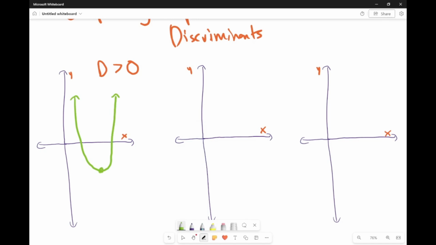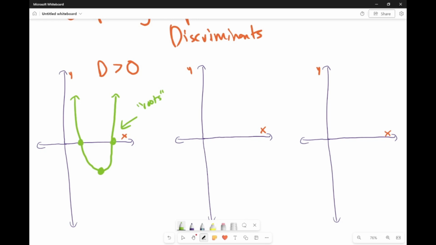We have here our vertex, of course, and notice that it crosses the x-axis not once, not 0 times, but twice. Once over here and once over here. These are our roots. These are the values our quadratic formula spits out to us. And that makes sense, because remember, when d is greater than 0, we can actually solve the quadratic formula, and we get multiple distinct roots.